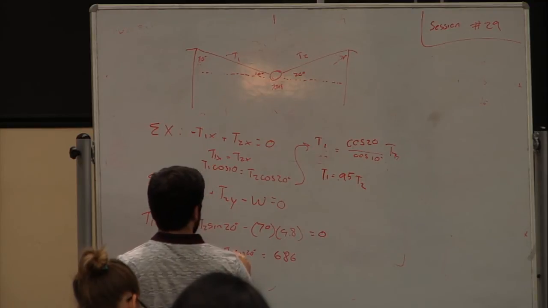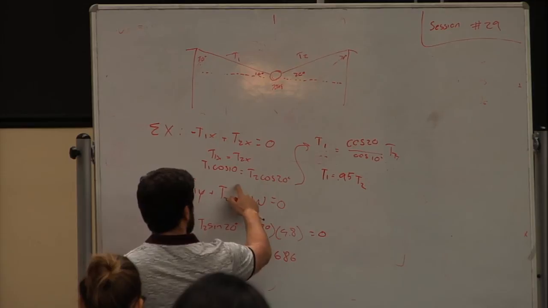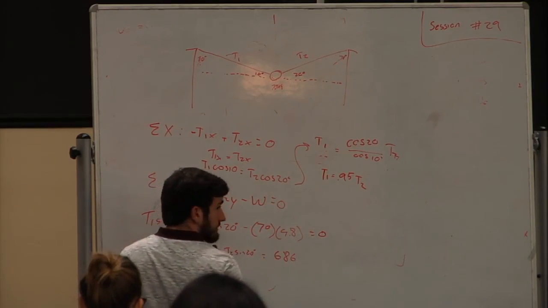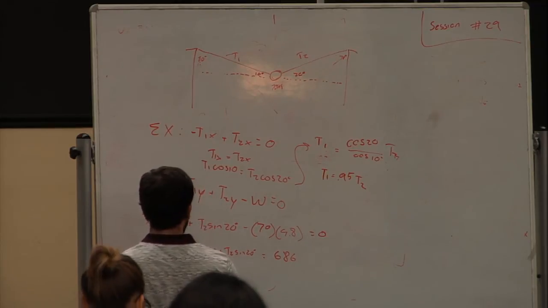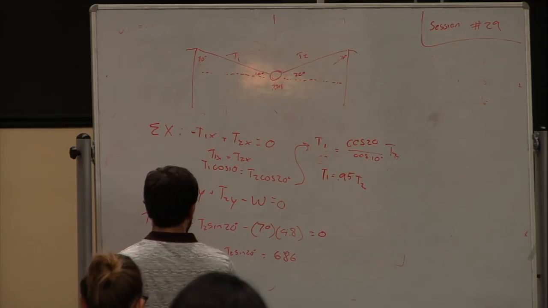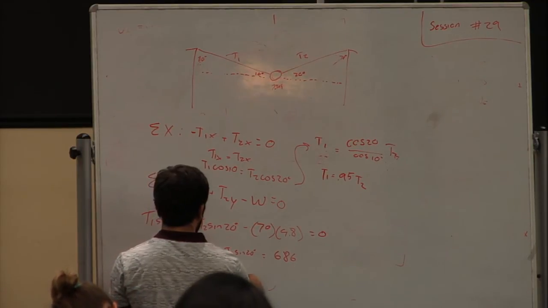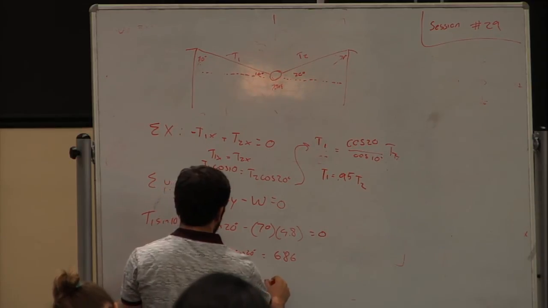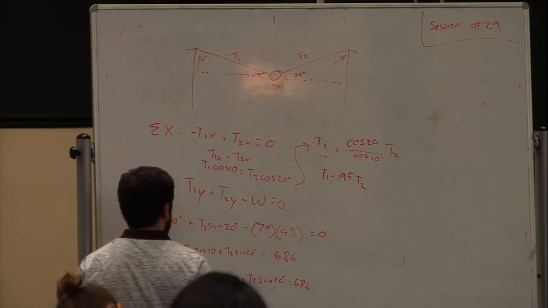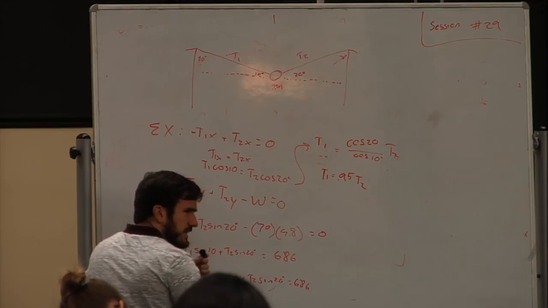And now, this is where we would get stuck if we just started using this. We started with our x and we solved for a ratio in which we can just use substitution. So now, T1 is equal to 0.95 T2. So you get 0.95 T2 sine of 10 plus T2 sine of 20 is equal to 686. Sine of 10 is equal to what?